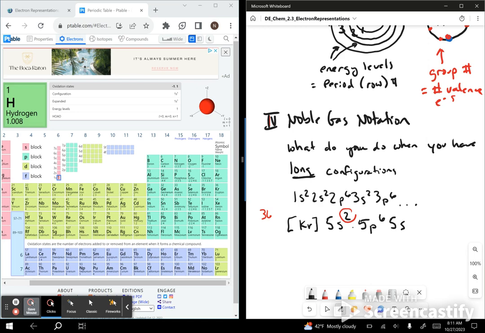How many do we have? 36, 37, 38, 39, 40, 41, 42, 43, 44. I need 47, so I need 3 more of these. So there you go. And that would be your notation. And that's a lot shorter than having to draw out this whole thing here. Okay, so this is called your noble gas notation.